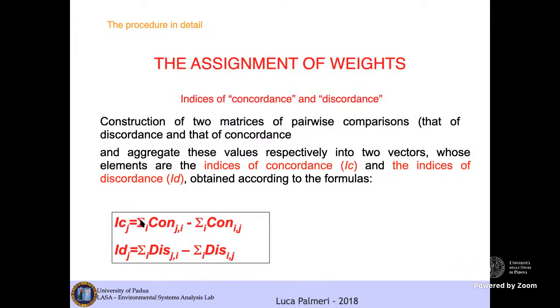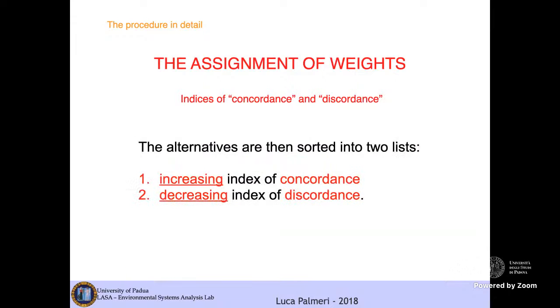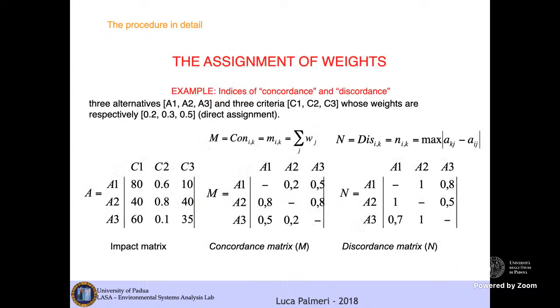For the index of concordance, you are taking the difference on the diagonal in the matrix of concordance, while for the index of discordance, you are taking the difference on the diagonal for the matrix of discordance. Now you obtain a ranking of the alternatives with the index of concordance and discordance. So the alternatives are sorted into two lists, increasing index of concordance and decreasing index of discordance. Let's see an example, so maybe it may be made clearer.